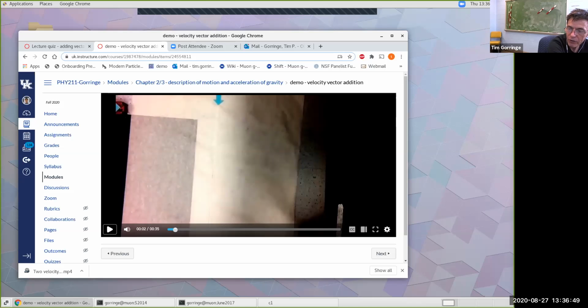And we should therefore expect to see the truck, when it's moving across the floor, to move both left to right and top to bottom across the floor. Its motion on the paper is left to right. The paper's motion on the floor is top to bottom. But the combination, the addition, the truck will move across the floor both left to right and top to bottom. So let's just watch that.